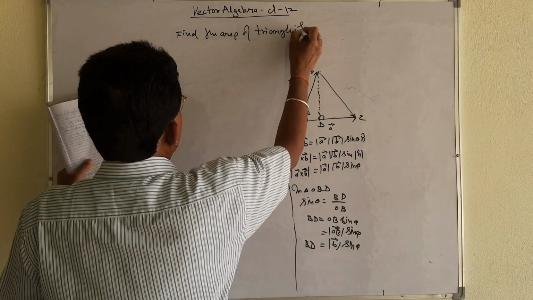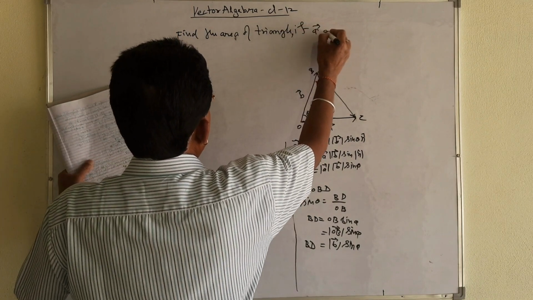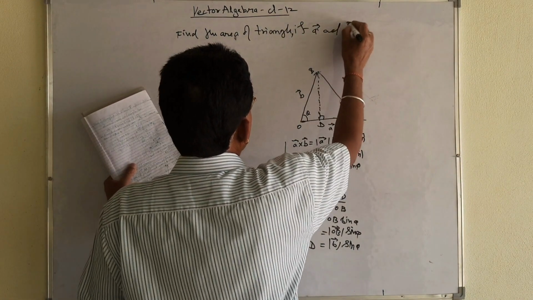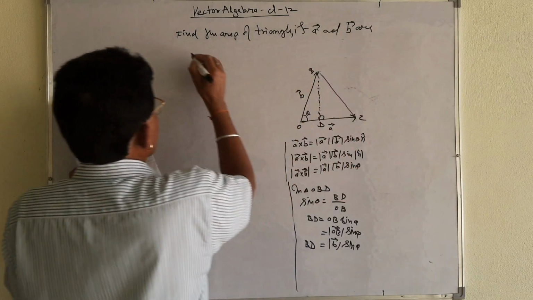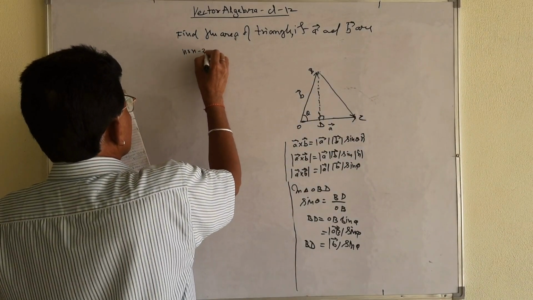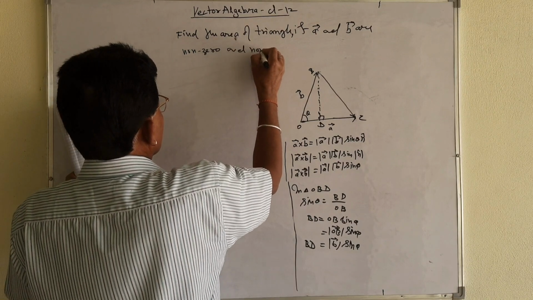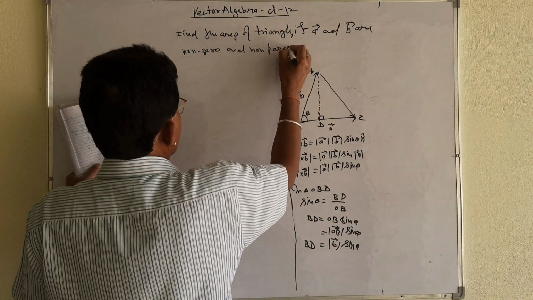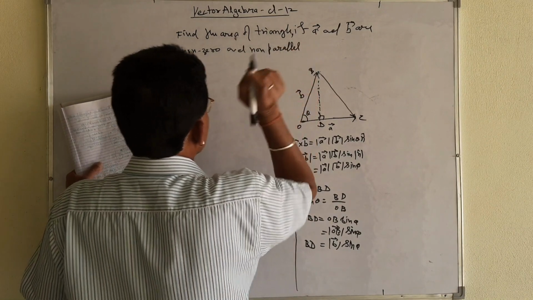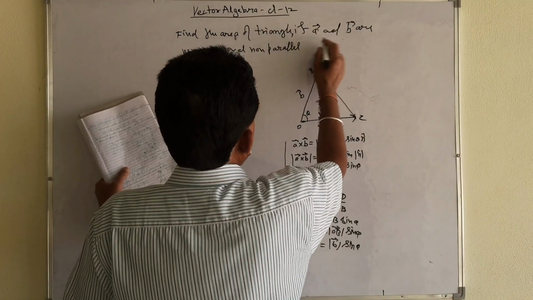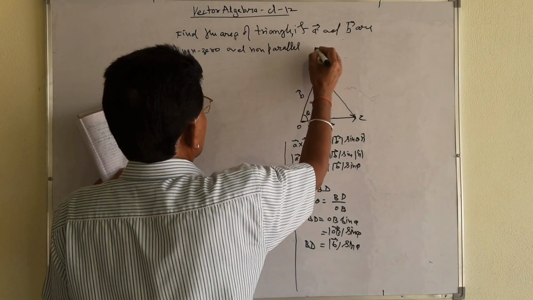If you see, vector A and vector B are non-zero and non-parallel vectors. Vector A and B are non-zero and non-parallel vectors.